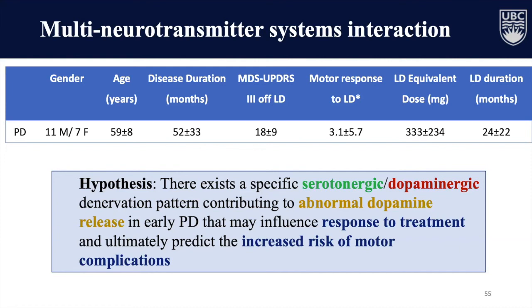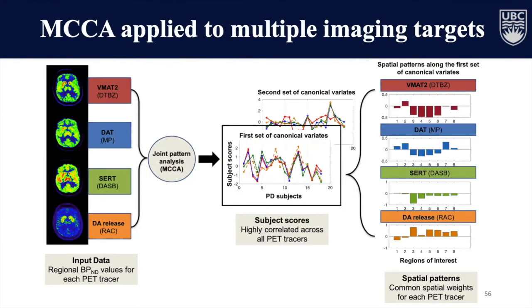Because we have a lot of input data, we have four different sets of imaging data: DTBZ, MP, DASB, and dopamine release. It's very hard with traditional analysis to combine the information from all four tracer datasets together.